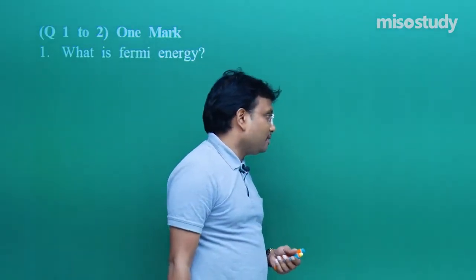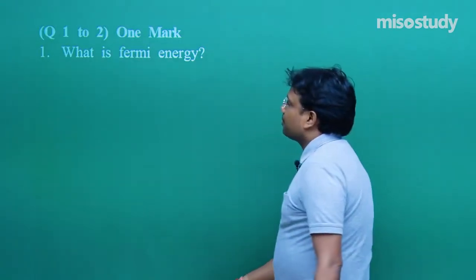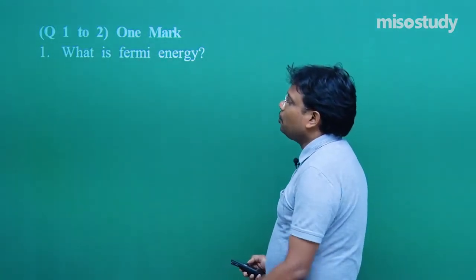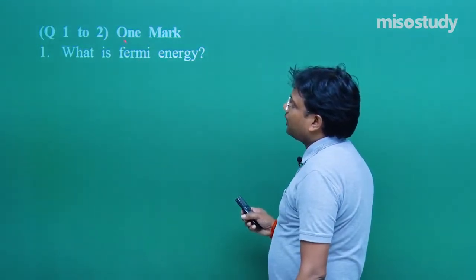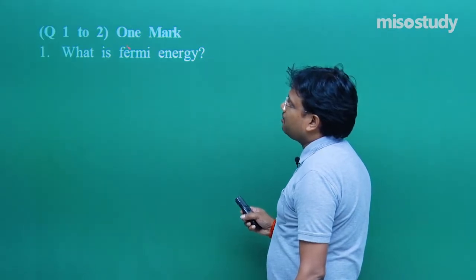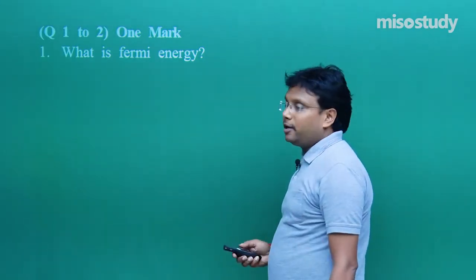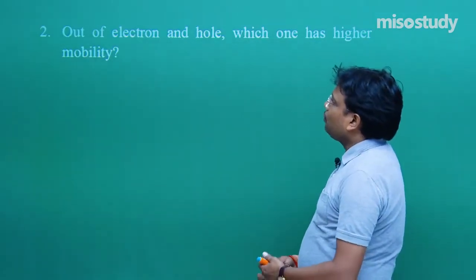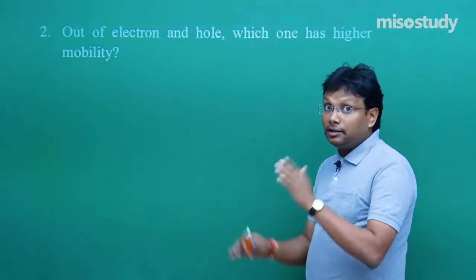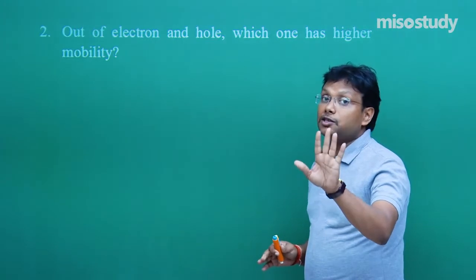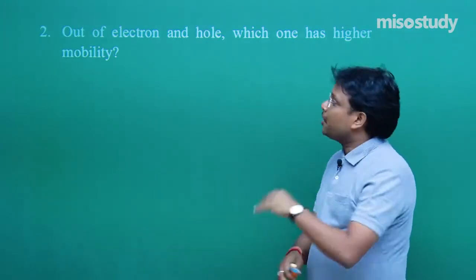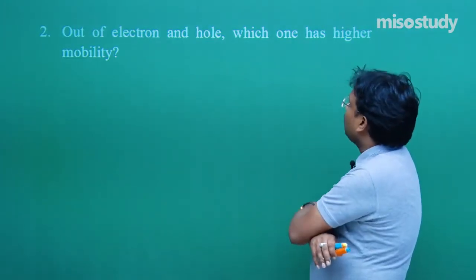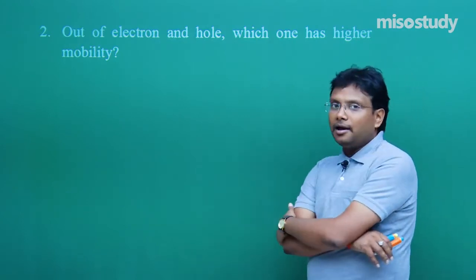Fine. After this it comes question number 2, and please do not forget that this 1 mark scheme is applicable for both 1 and 2. Okay. That is out of electron and hole, and this question is true only with reference to semiconductors. Out of electron and hole, which one has higher mobility?